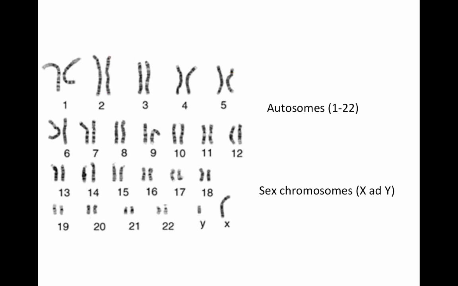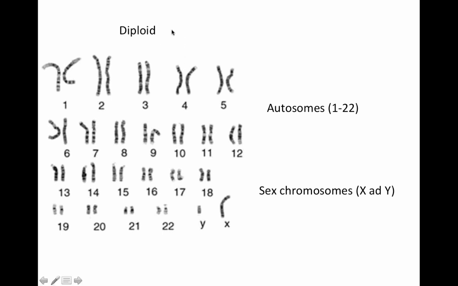Okay, I would like to define two more terms that we haven't had an opportunity to define yet, and these are diploid and haploid. Let's begin with diploid, because this particular karyotype we are looking at is an example of a diploid. In humans, all of our cells with the exception of sex cells, like sperm and egg, are diploids.